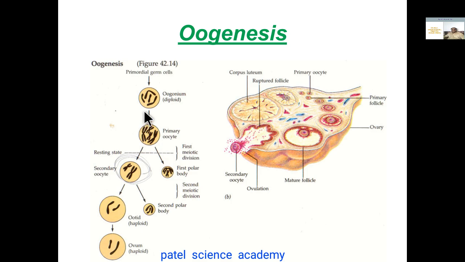The full number of chromosomes present in the diploid cell of the female is always 46, and it converts into the haploid number, half of the diploid, which is 23 chromosomes.